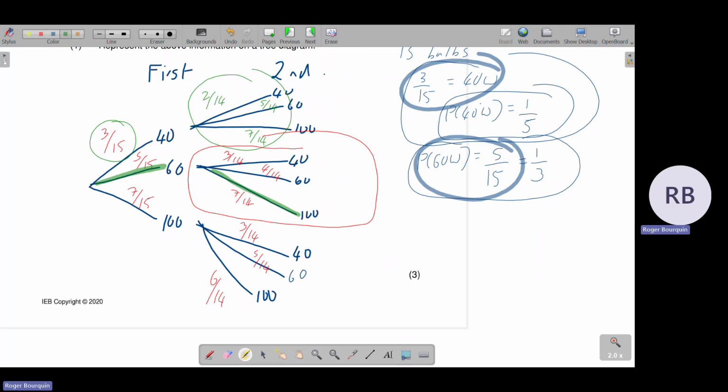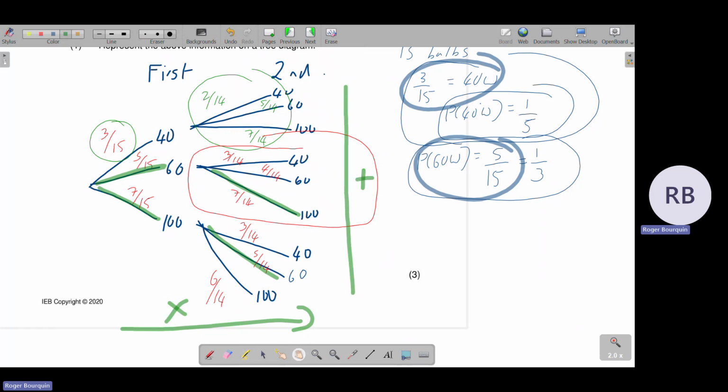Is there another possible route? Yeah, 100 and 60. Those are not the same routes, and they're not the same probabilities. But they're 2 routes. When I'm going along a tree diagram, what do we do? Multiply. Here you're going to add.